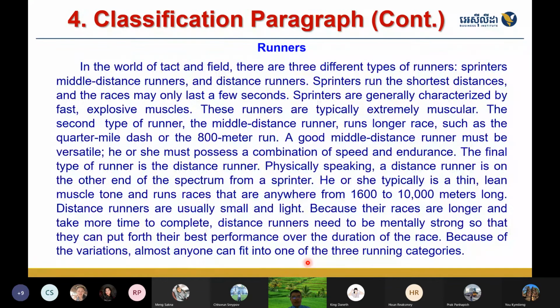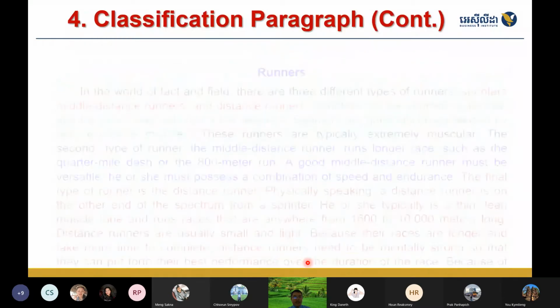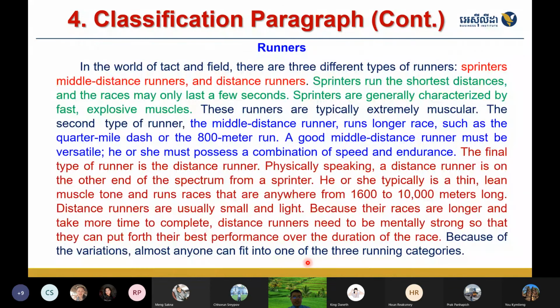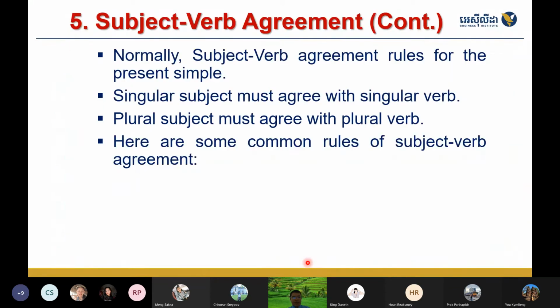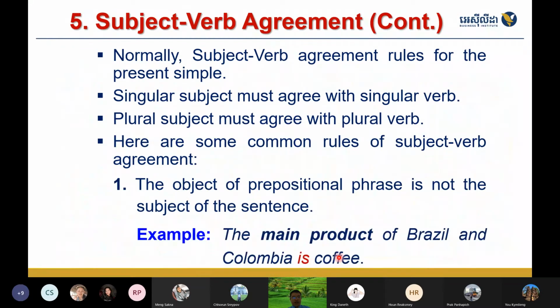This is the example. Okay, I already sent all the slideshow to you through your Telegram group. So no need to spend time reading the example. Okay, the last one is subject verb agreement. Okay, subject verb agreement. This one I just give to Danet. Are you here, Danet?